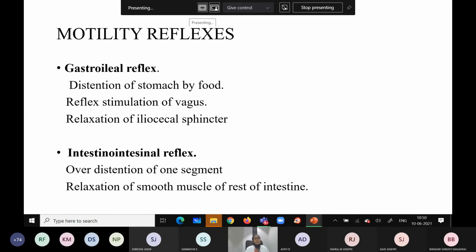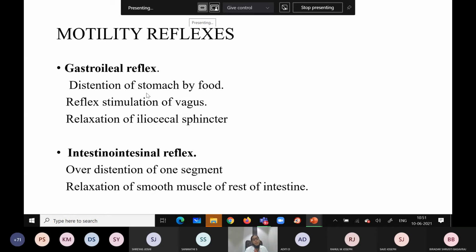Then some of the reflexes which occur in our small intestine, you must know, are called motility reflexes, that is the gastroileal reflex and the intestinal reflex. What is the gastroileal reflex? Distension of the stomach by food causes reflex stimulation of the vagus. This leads to relaxation of the ileocecal sphincter, and the content of the small intestine that remained is poured into the large intestine.